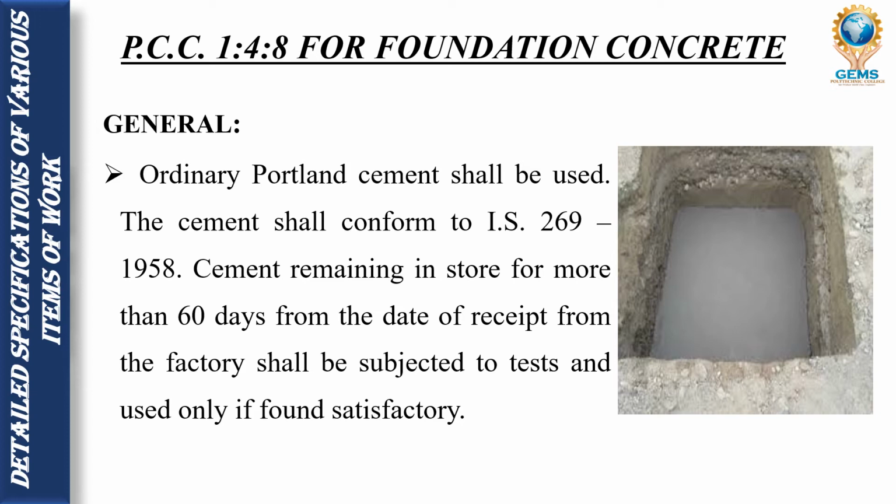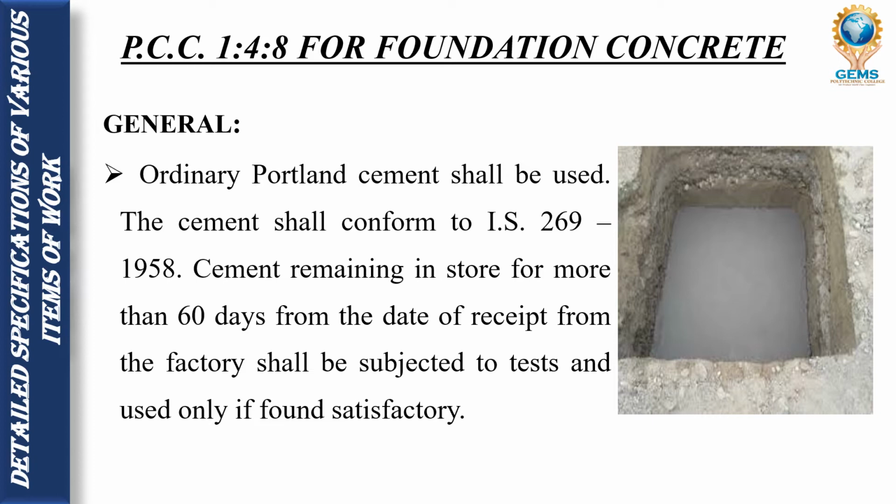Then, cement remaining in store for more than 60 days. If you purchase cement and it stays in store for more than 60 days, first we have to check it. We have to give that cement for test. If the test result is okay and we can use it for our building, only then we can use that cement.